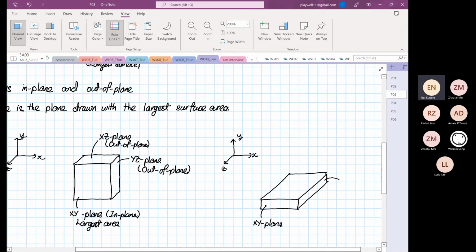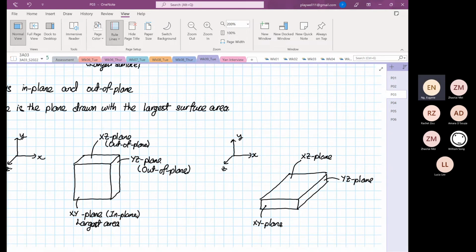Over here, this is your YZ plane, and this over here is your XZ plane. So now when you see them, you will know that the XZ plane is the largest, so this will be your in plane.